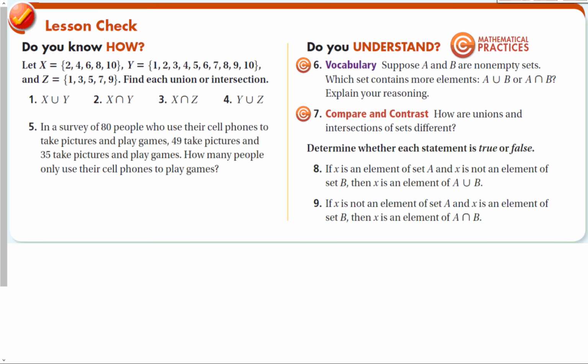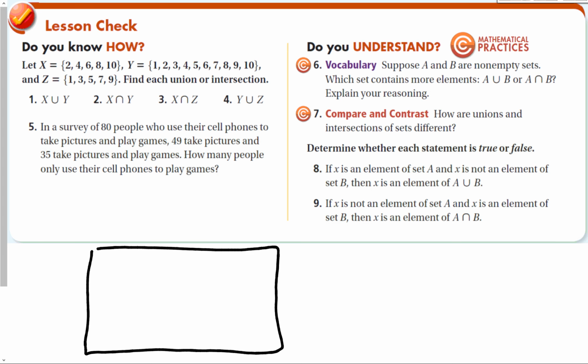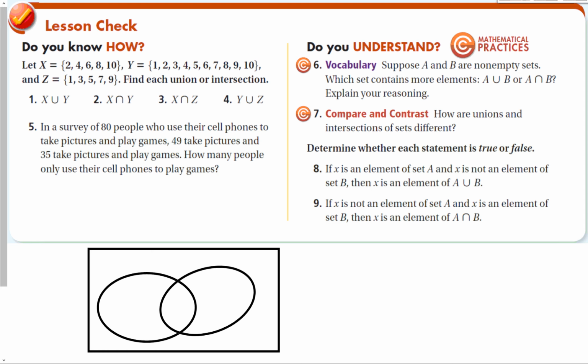In a survey of 80 people who use their cell phones to take pictures, play games, 49 take pictures, 35 play games, how many people only use their cell phone to play games? Let's see if we can get this. Let's try to make it fit down here. There's 2 groups of people.